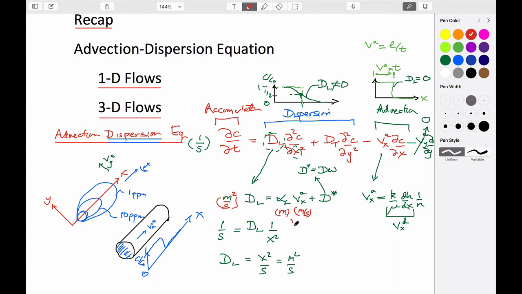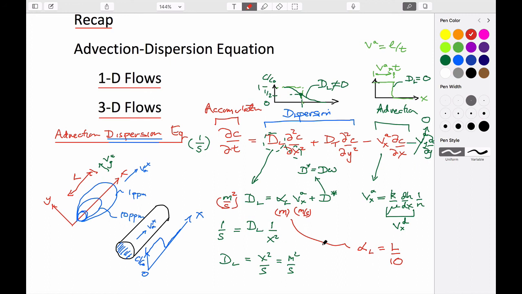And as we'll find out later on, if we look at a plume, and that plume happens to be a length of L, then this longitudinal dispersivity is typically equal to the length of the plume divided by 10, which is a strange result because you'd think it would be a property of the medium that it's flowing through.